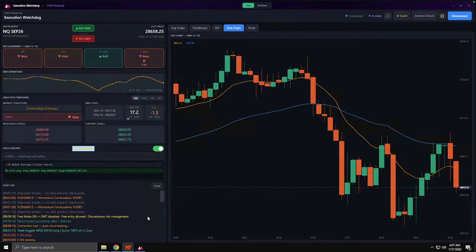As we know, Execution Watchdog is highly focused on high quality execution. So with the new updates, you can actually have a little bit of freedom to take trades directly from the app, and your stops are really managed by yourself now.